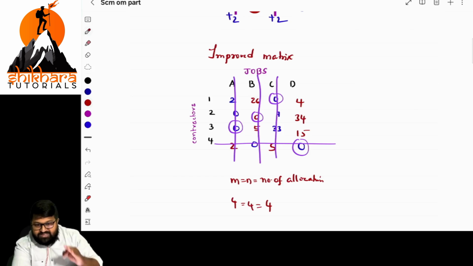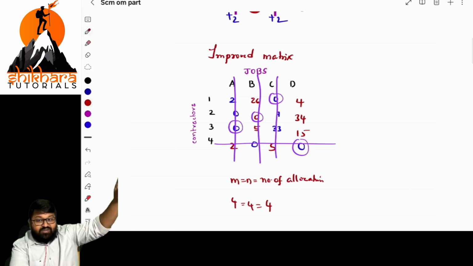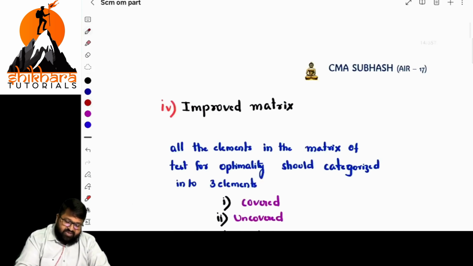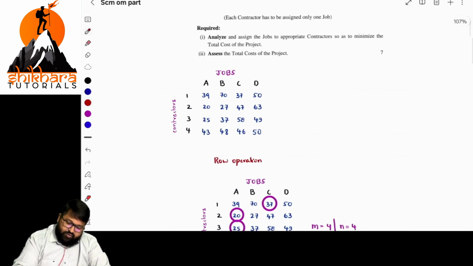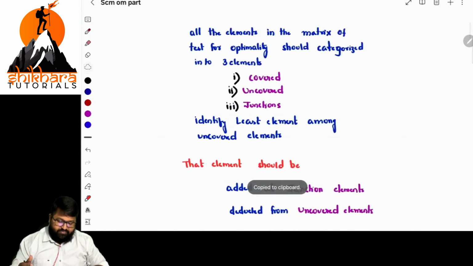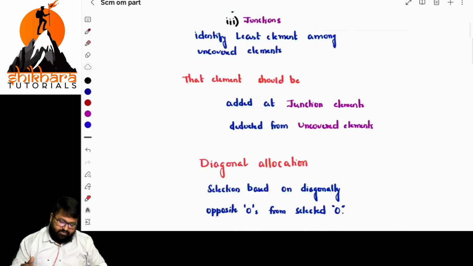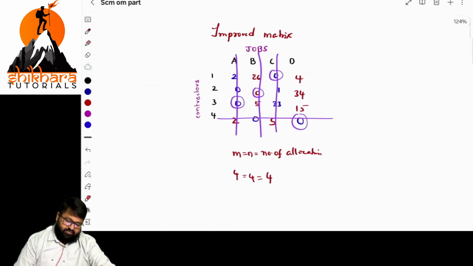So whatever last matrix we obtained, this matrix should be compared with the matrix given in the question, sir. What is the matrix given in the question? This is the matrix given in the question. Okay. Now I'm comparing this last matrix with this. The matrix is done.